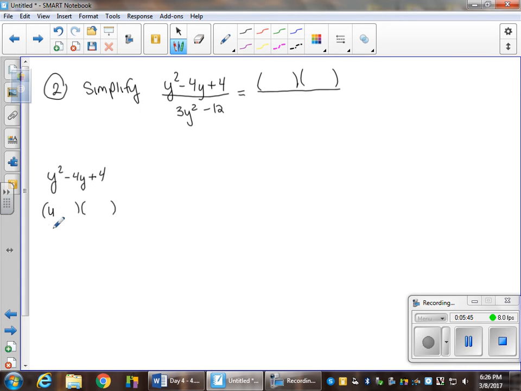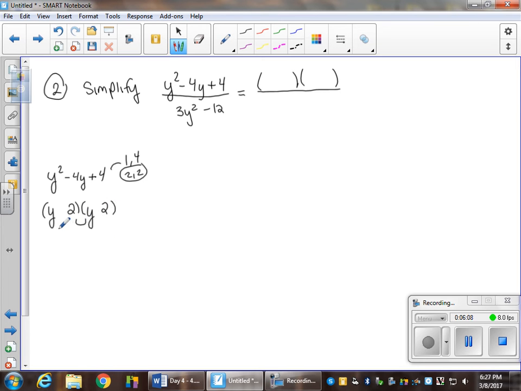I have y squared, so y times y. For 4, I have 1 and 4, 2 and 2. That one looks like it will get me to 4. 1 and 4 can get you to 3 or 5 in this case. So I'm going to use my 2's.